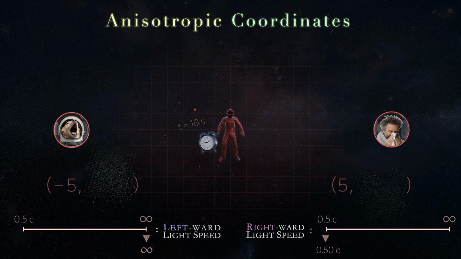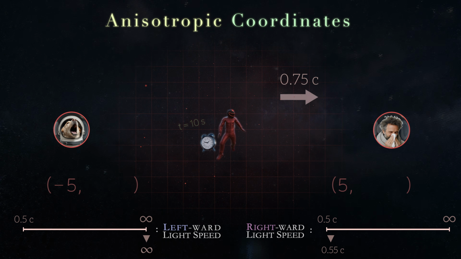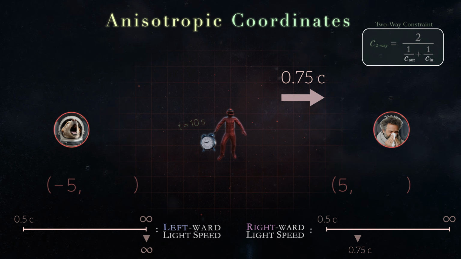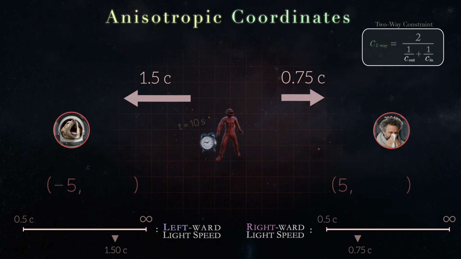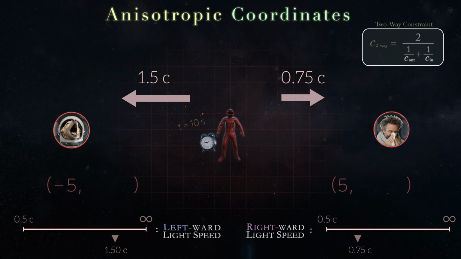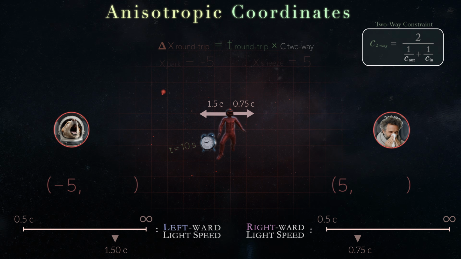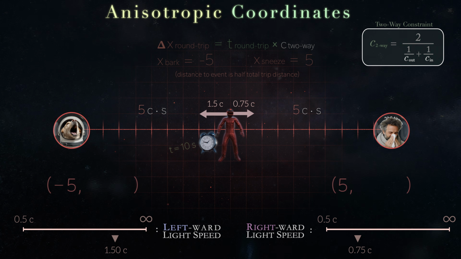As an example, say you assume rightward light travels at a speed equal to 0.75 c, meaning that, as constrained by two-way invariance, leftward light travels at 1.5 c. Well, because you know either light beam traveled a total distance of 10 light seconds in your frame, you know the distance out to both events still must be 5 light seconds.